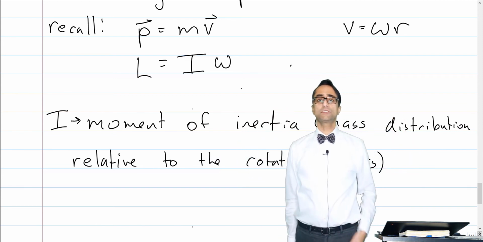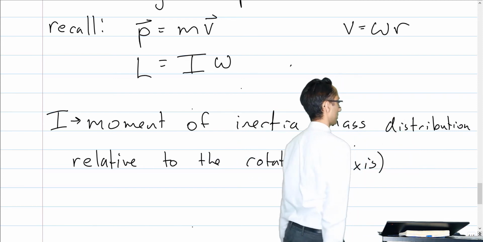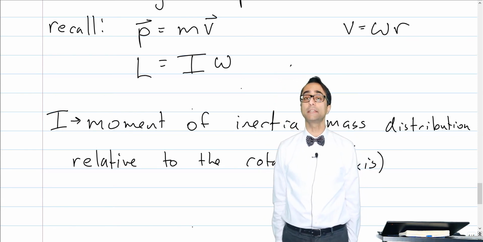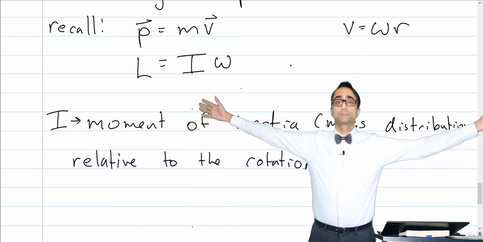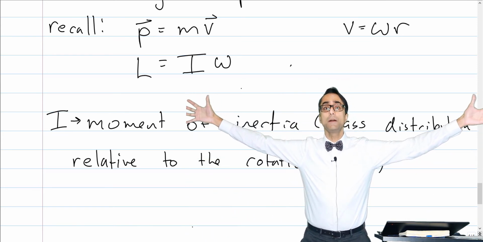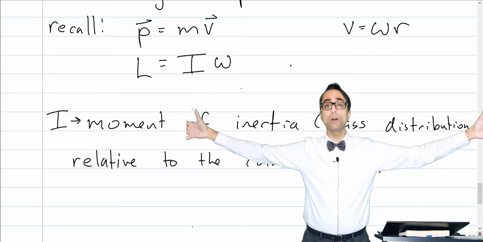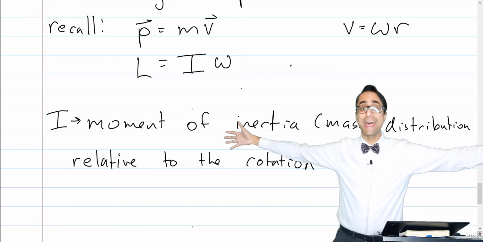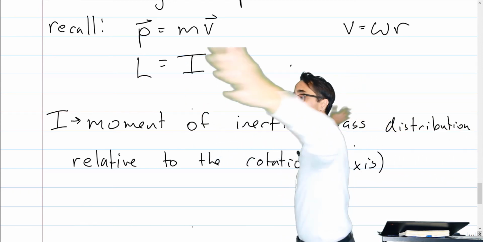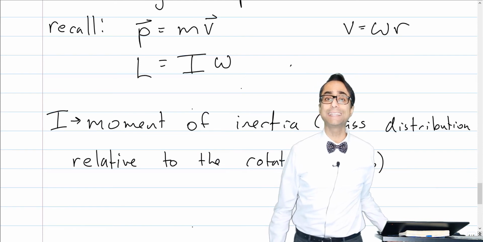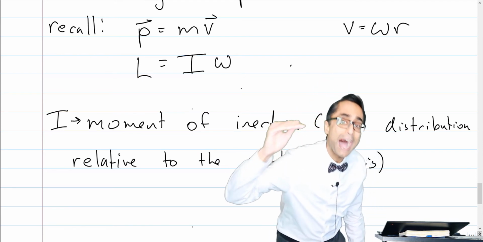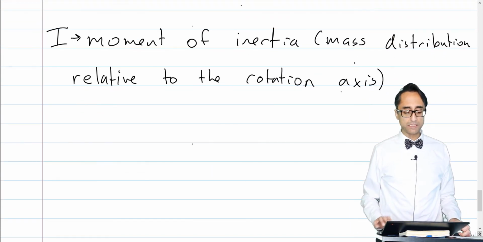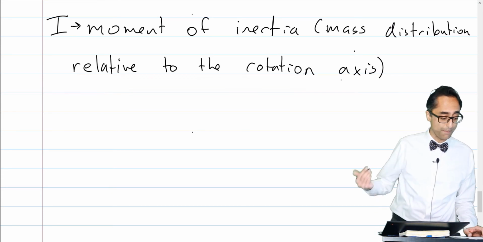For example, if I'm standing completely still like this and twirling around, I'll have a smaller angular momentum than if I spread my mass out. I still have the same m, but because I'm spreading my mass out, my moment of inertia has increased. If I'm spinning at the same speed, I'm going to have a higher angular momentum. So I has to depend on both the mass as well as where the mass is.